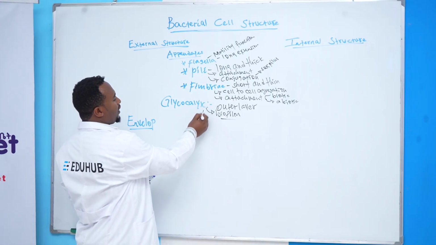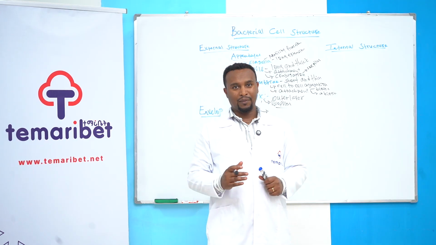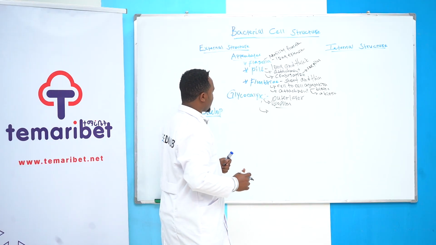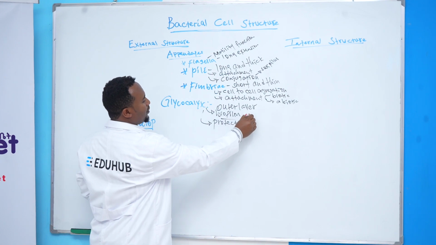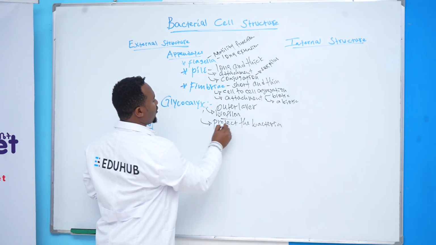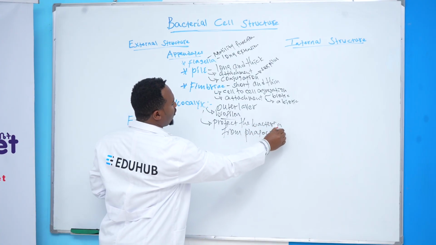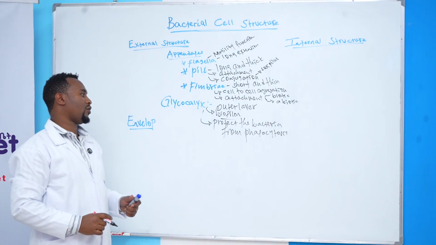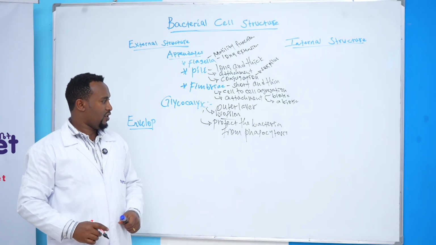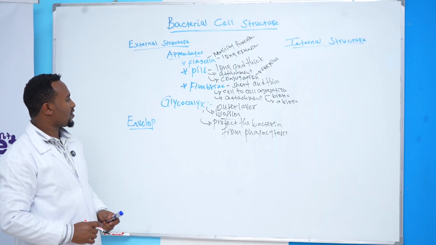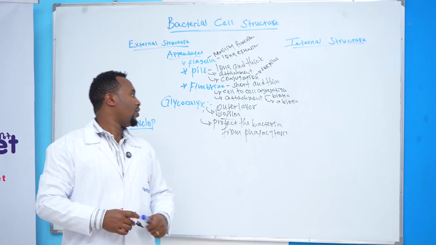In addition, the glycocalyx sometimes helps the bacteria resist antibiotics. It also protects the bacteria from phagocytosis. In phagocytosis, white blood cells of animals enclose the bacterial cell and digest or kill the bacteria.